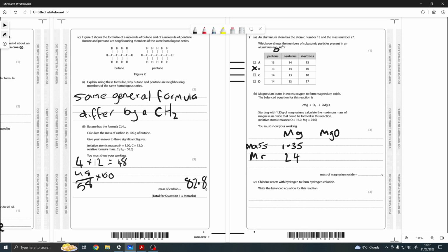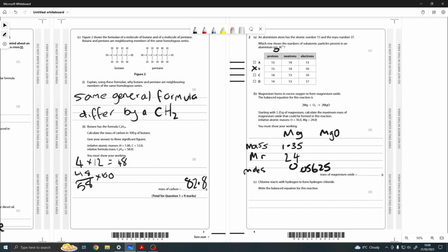So 1.35 divided by 24 gives us a number of moles of 0.05625.